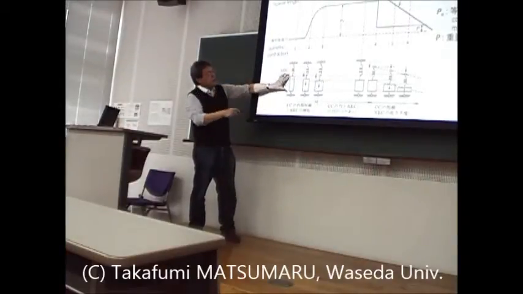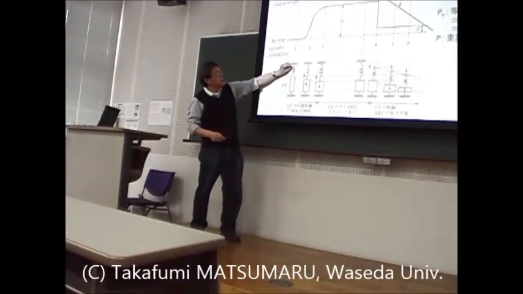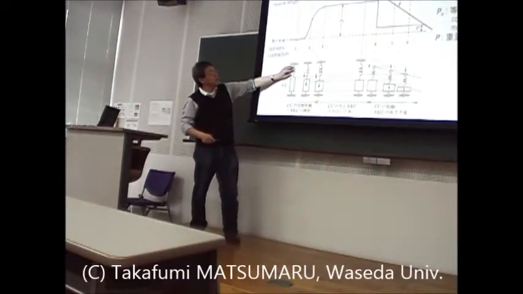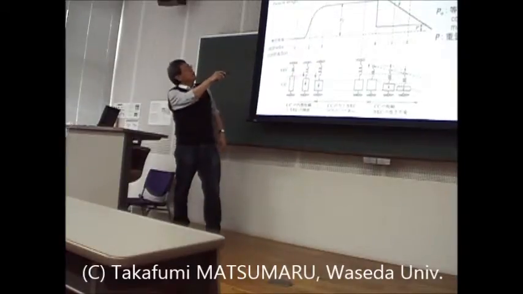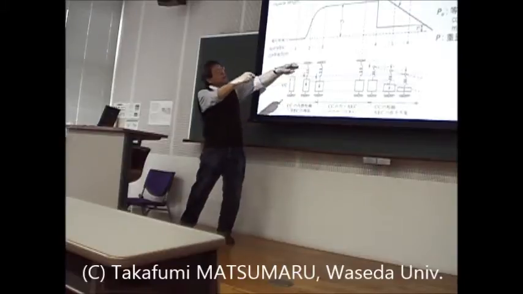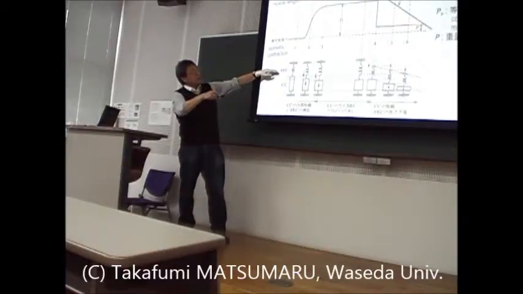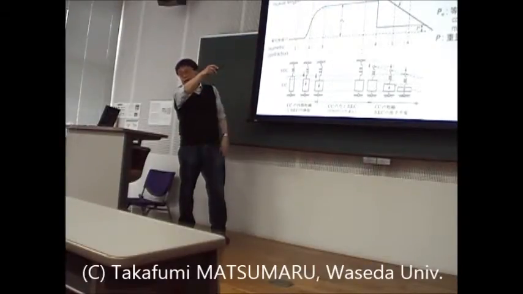Therefore, this contraction part becomes shorter, and the serially connected spring becomes longer. Therefore, the force will be raised. The muscle length is kept here, and some pulse is supplied here, so the tension will be raised, looking like this.